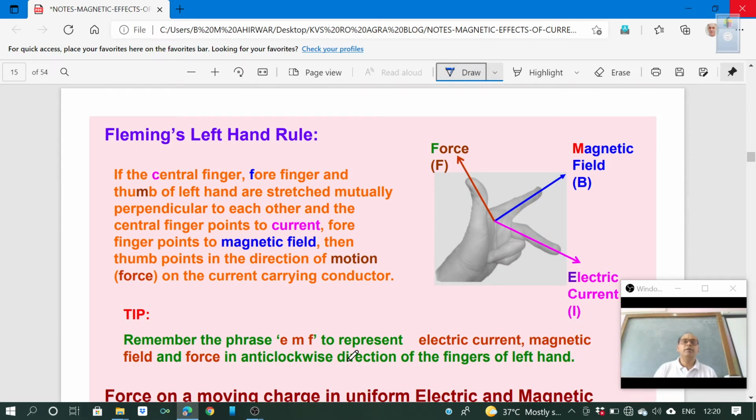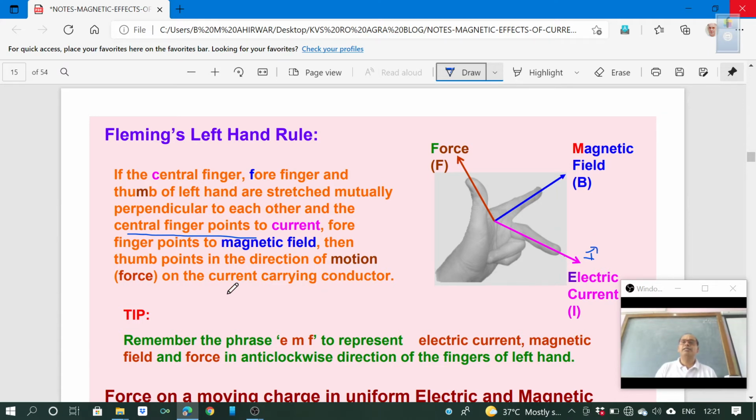In the diagram, if the central finger, forefinger and thumb of the left hand are stretched mutually perpendicular to each other, then the central finger points the current, or you can say the velocity of the moving charges.